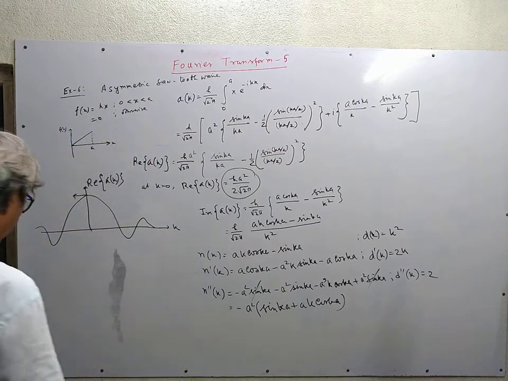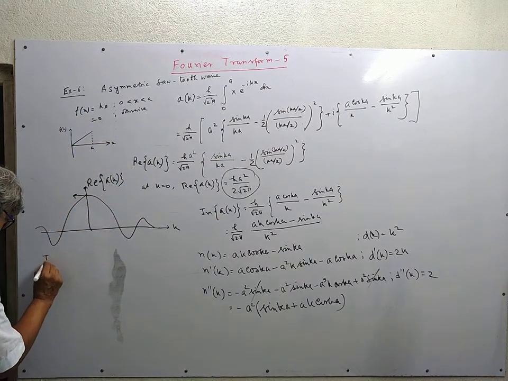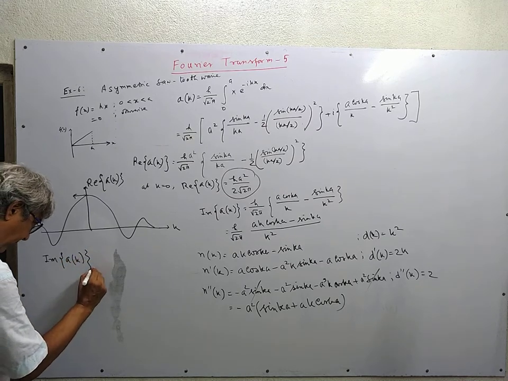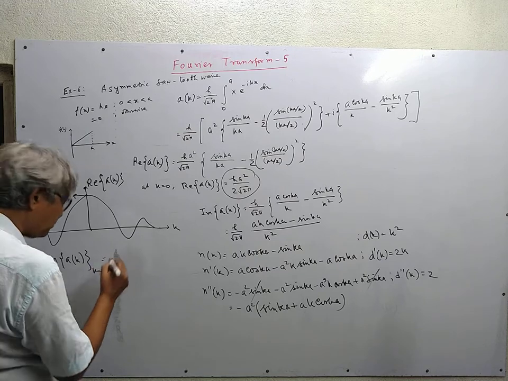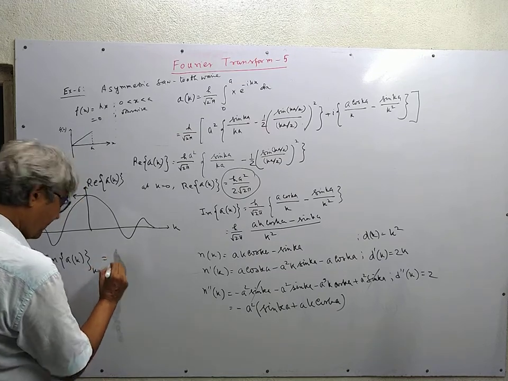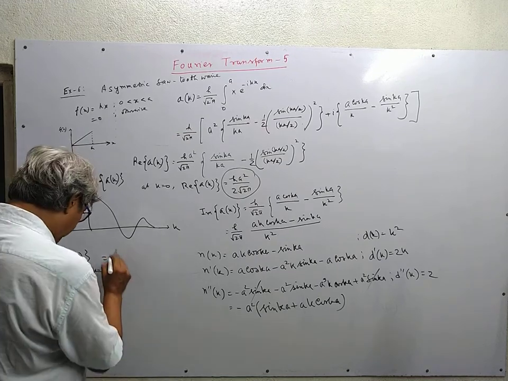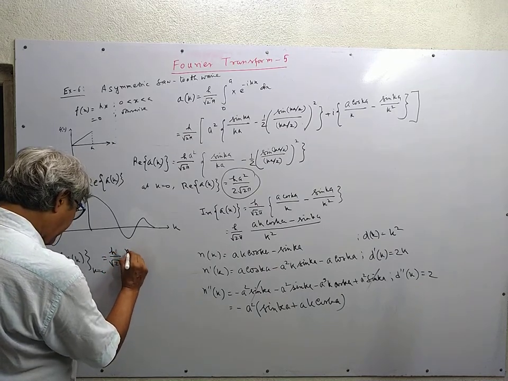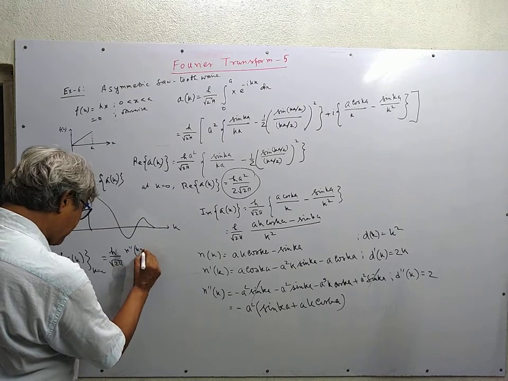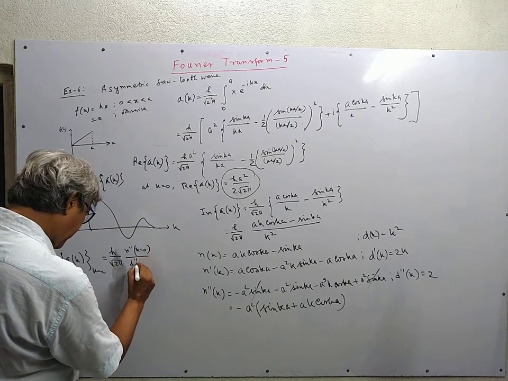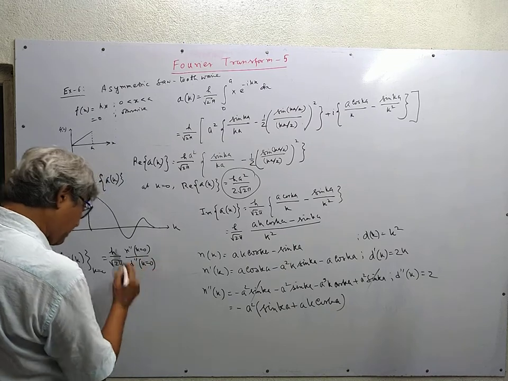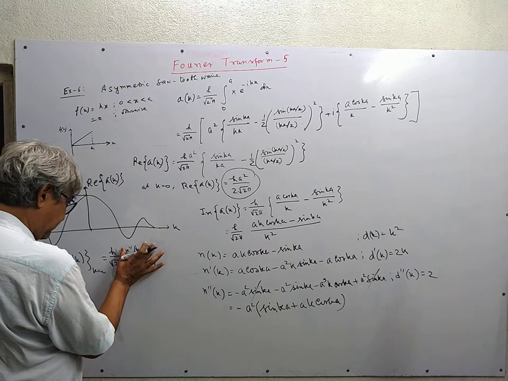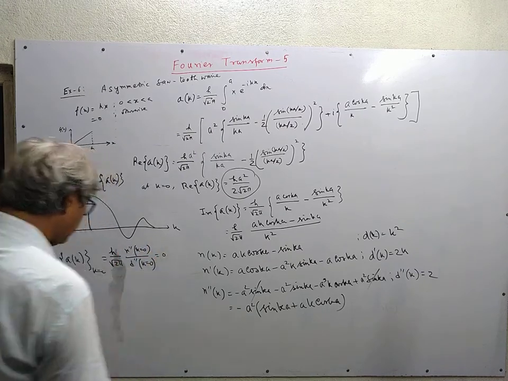So the imaginary part of a of k at k equal to 0 is h upon root 2 pi times N double prime at k equal to 0 by D double prime at k equal to 0. We have used L'Hospital rule twice. It is 0, so the result is 0.